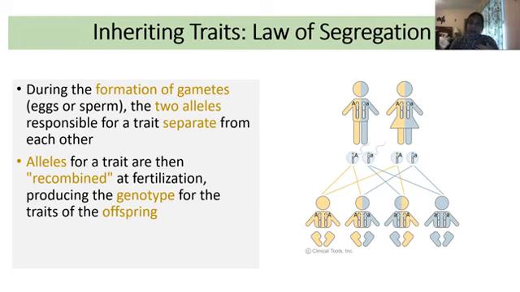Now, as we're inheriting these traits, the law of segregation, which we've talked about before as well, is that each trait, each locus, each gene is going to have the 2 alleles separate, independent of anything else that's going on in that chromosome, in that genome. So during the formation of your gametes, eggs and sperm, the 2 alleles will separate from one another, and they may recombine at fertilization to produce the genotype for the final trait that you see in the offspring.